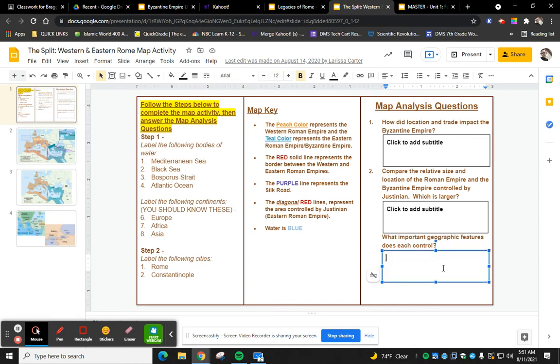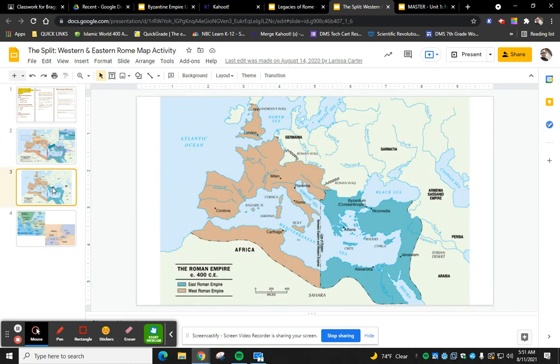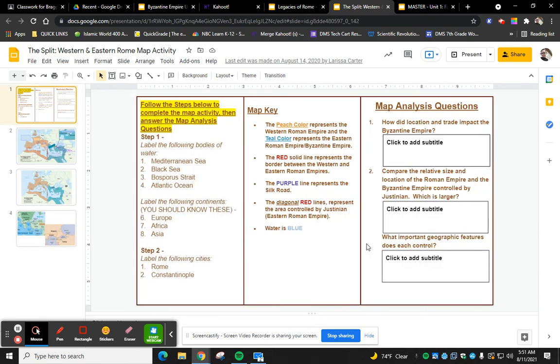And what important geographic features does each control? What water routes do they control? What rivers do they control? Do you know of any mountains there? Things like that. What important areas do they control?